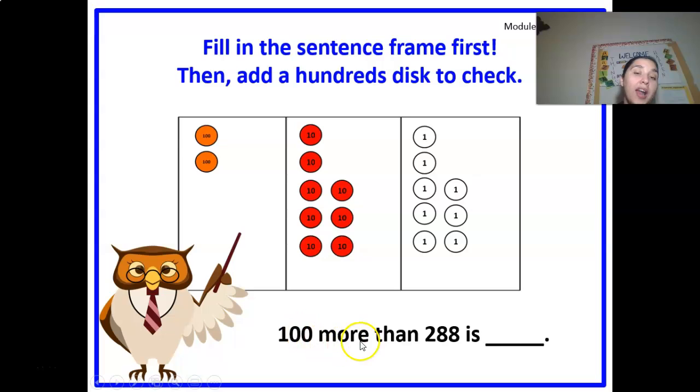So 100 more than 288 is, get ready. Yes, 388. So I'm going to write it. 100 more than 288 is 388.